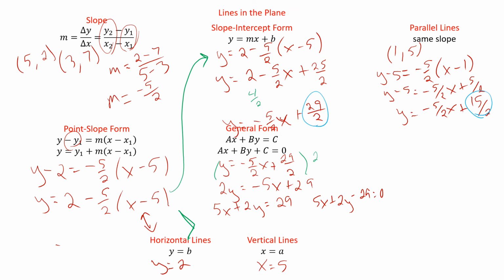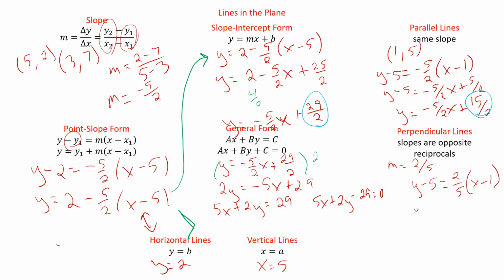And finally, we have perpendicular lines. Perpendicular lines don't have the same slope, but the slopes are opposite reciprocals. So if our slope is negative 5 over 2, the perpendicular slope will be positive. We have to change the sign and then flip it: 2 over 5. So if we want the perpendicular line through this point (1, 5), first we change the slope and then use point-slope form. y minus 5 equals 2/5 times x minus 1.